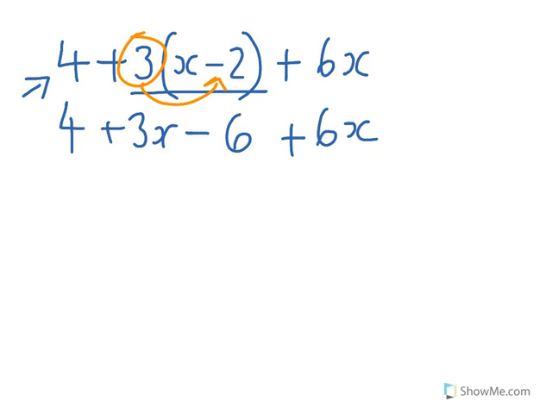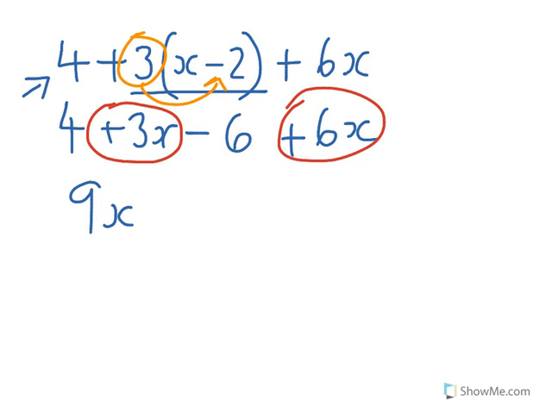Again, I'll ring anything that we can add together. So we've got this plus 3x, and we've got this plus 6x, that makes 9x, and we've got this 4 here, that's a plus 4, and we've got this minus 6, and 4 minus 6 is minus 2. So that's finished there, we can't do any more.